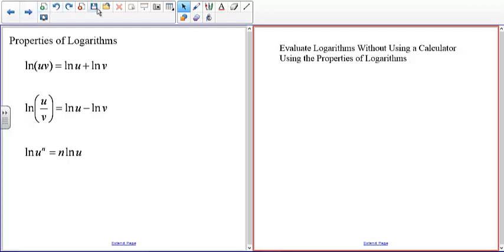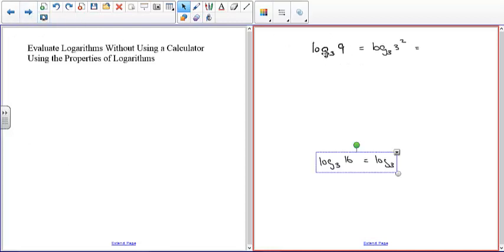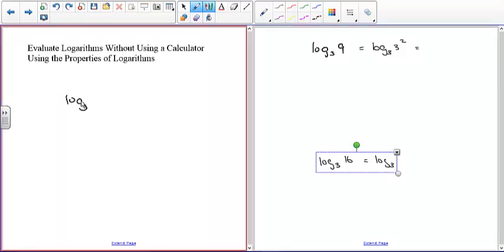So the first thing we're going to do is evaluate logarithms without a calculator using the properties of logarithms. And the way that works is, first, there are certain things that we know the logarithms of. We know that the log of a to the base a is equal to 1.